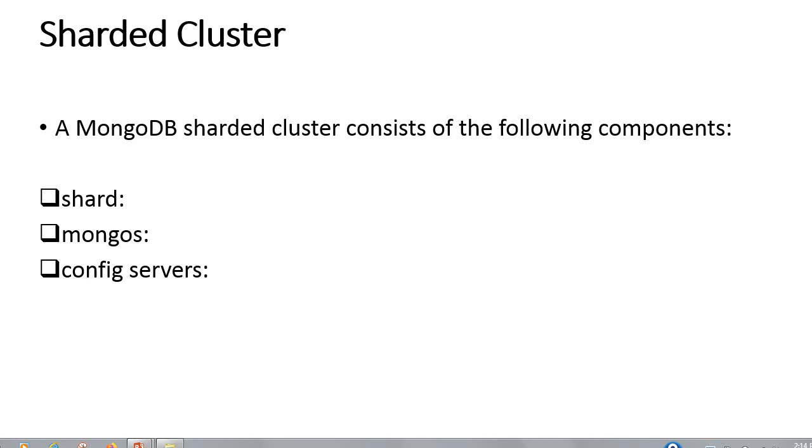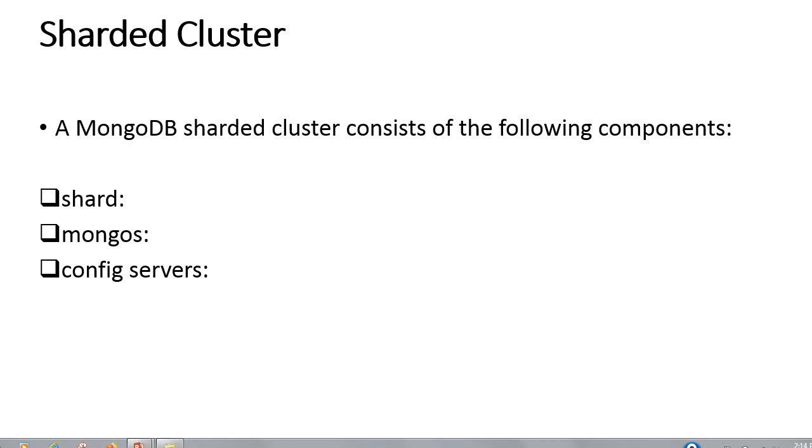MongoS acts as the query router, providing an interface between the client applications and the sharded cluster. The third one is the config servers. The config servers store metadata, the data about data, and the configuration settings for the cluster. As of MongoDB 3.4, the config servers must be deployed as a replica set.